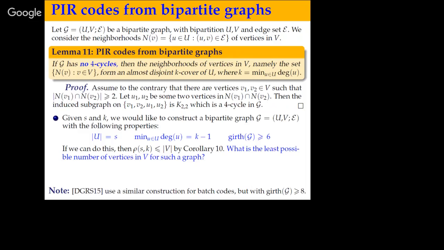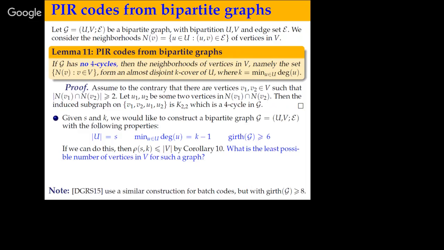The degree of that point is how many times it is contained in some neighborhood. Okay, so to get a large K cover, I need a large degree on the U side. So in particular, to get a K-1 cover, I need that the minimum degree on the U side is K-1. Is that clear?